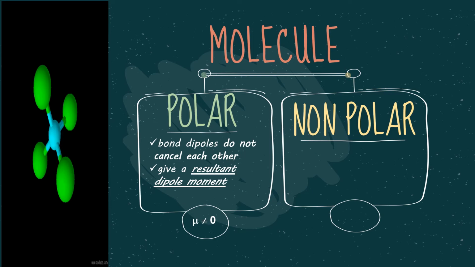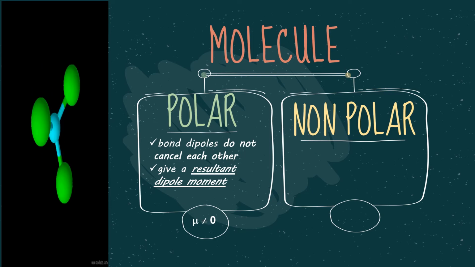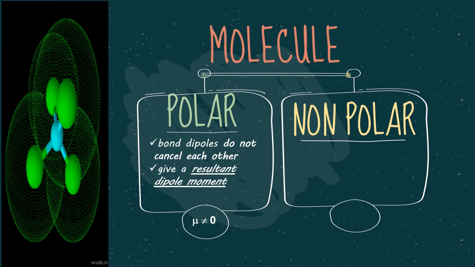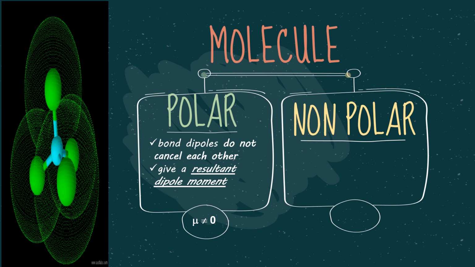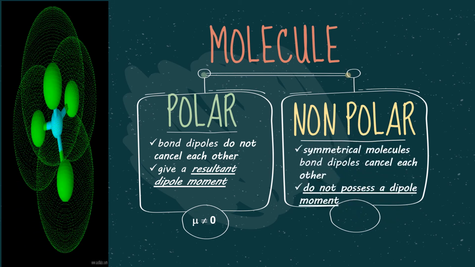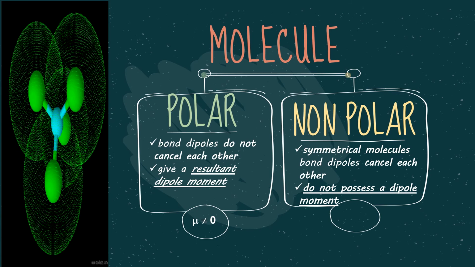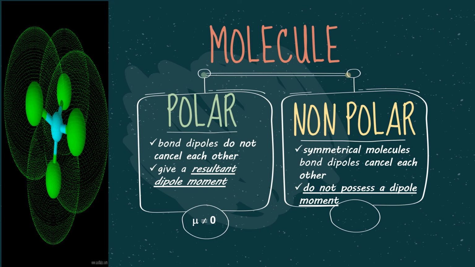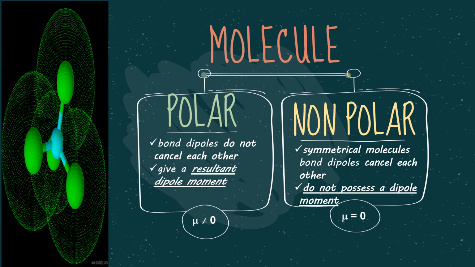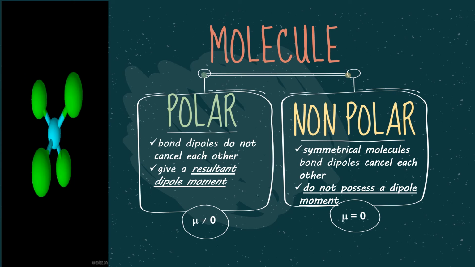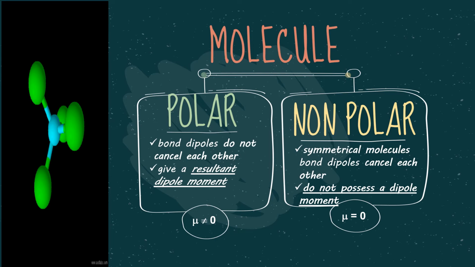Remember, earlier I told you that the dipole moment is symbolized by mu. A nonpolar molecule is a symmetrical molecule where the bond dipoles cancel each other and the molecule does not possess a dipole moment, where mu, the dipole moment, is equal to 0.